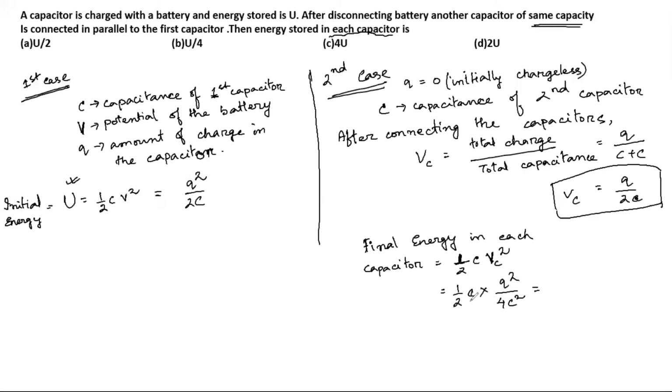So the QC gets cancelled, and we bring out 4 here, keeping the 2 in a bracket. So we have expressed our final energy as 1 by 4 times this bracket. Remember, the part inside this bracket is nothing but your initial energy, which is U. That's why in place of this bracket we write U. Therefore, our final energy is nothing but U by 4.